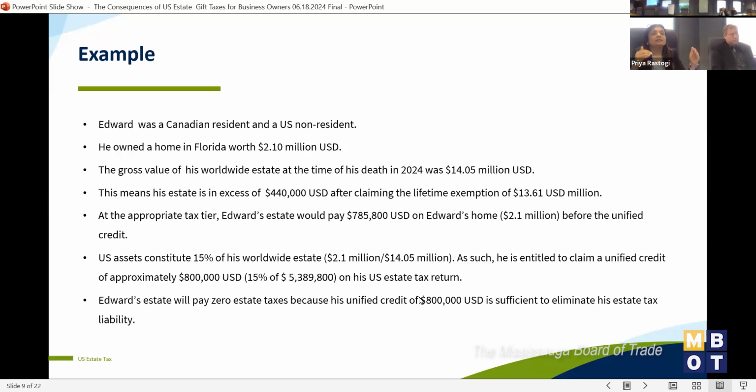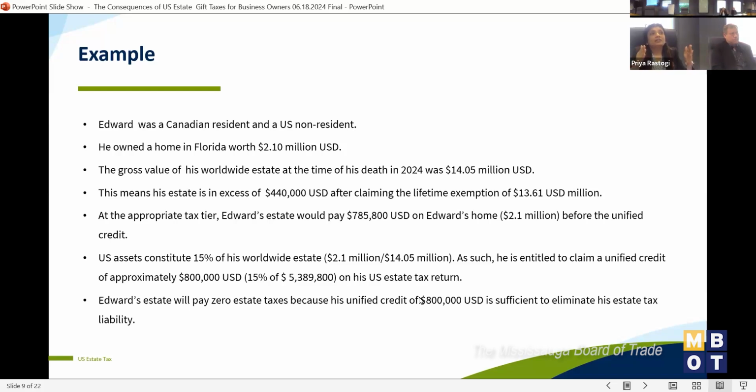If we were not entitled to the Canada-US tax treaty credit, Edward's estate would have to pay $785,800 upon his death. But since we are Canadians, luckily, we have a treaty and would be able to use that exemption, which we talked about before.